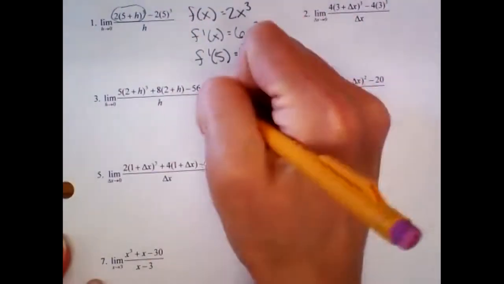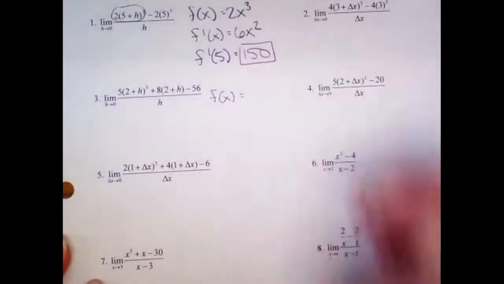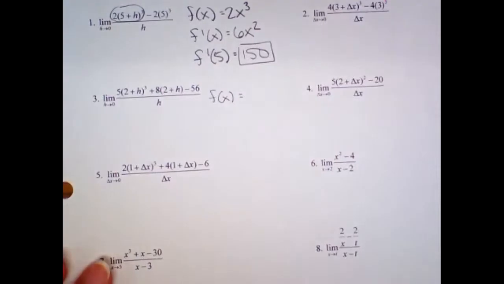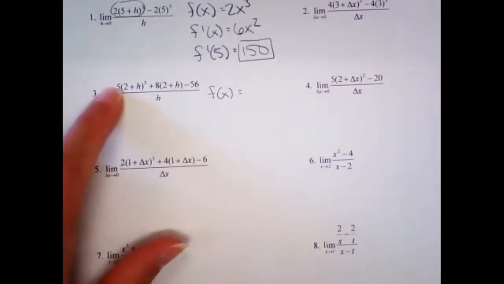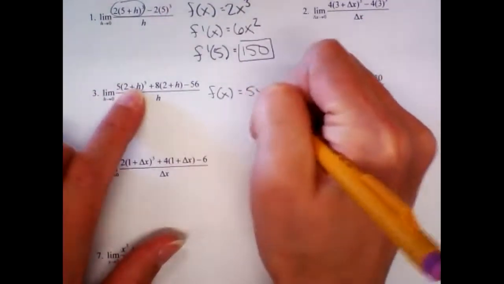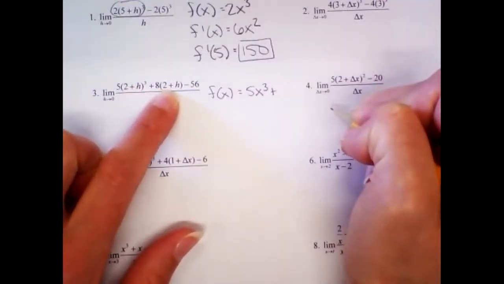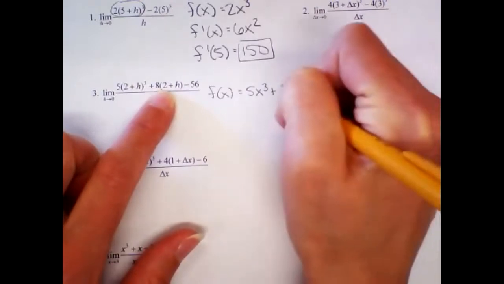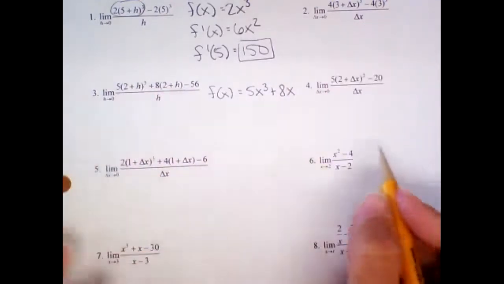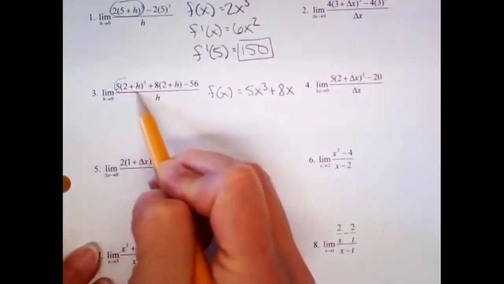Looking at this one, what is the function that we're looking at? 5x cubed plus 8x, good. The minus 56 is that subtracting part.